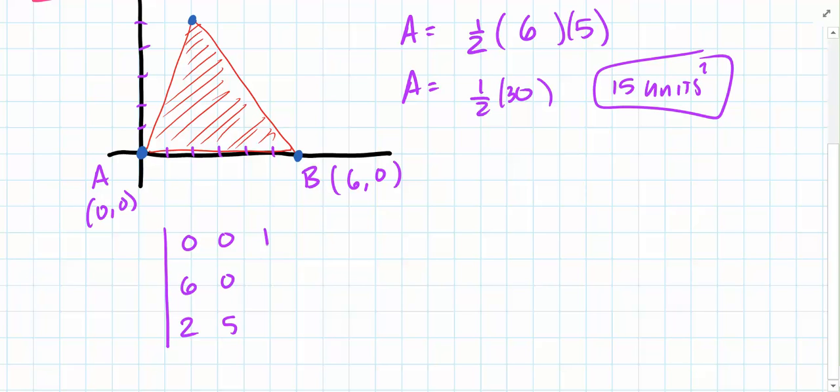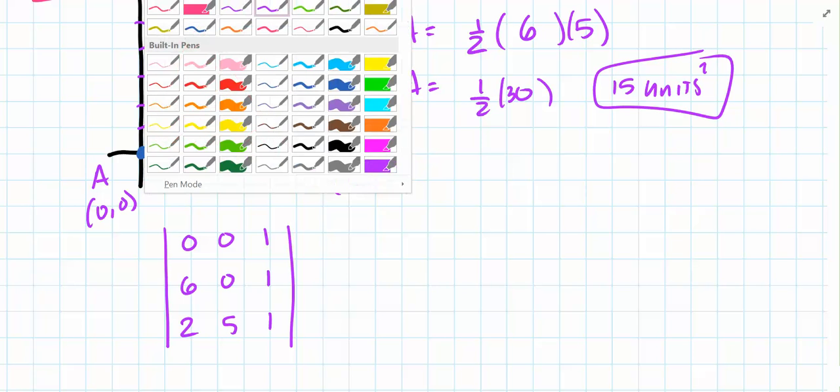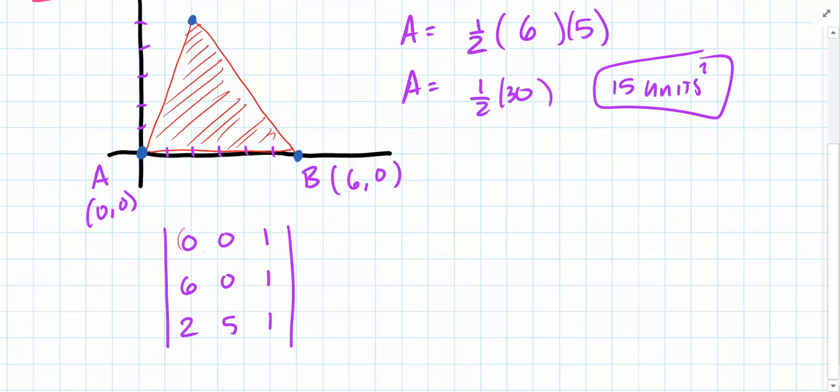So I'm going to make a column of 1s. This is point A, 0, 0. This is point B, 6, 0. And this is point C, 2, 5. To make the matrix square, I need a column of 1s on the end. Watch what happens. Pretty interesting stuff.